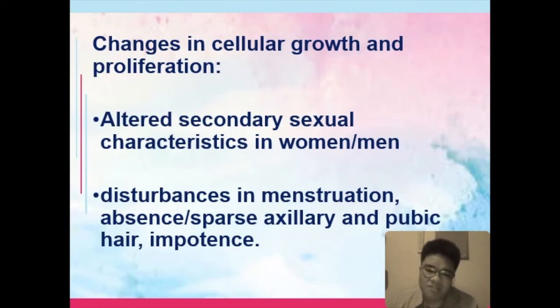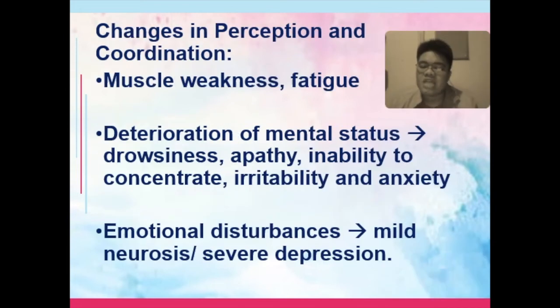There could be absence or sparse axillary and pubic hair. And then there could be impotence because of this disorder, Addison's disease. The disturbances here, class, in menstruation are related, of course, to the decrease of your sex hormones. Then, perception and coordination are also affected.